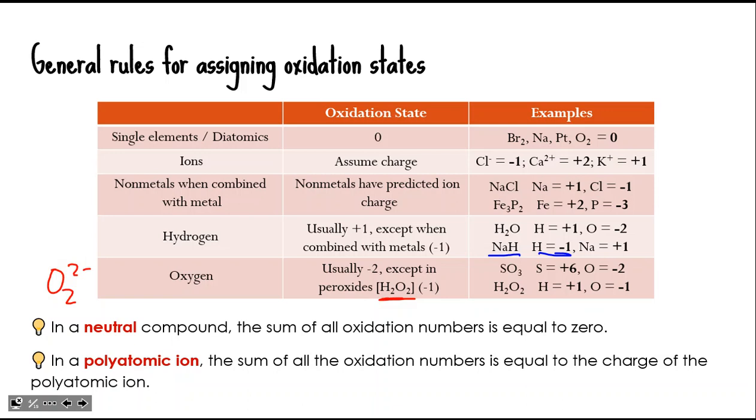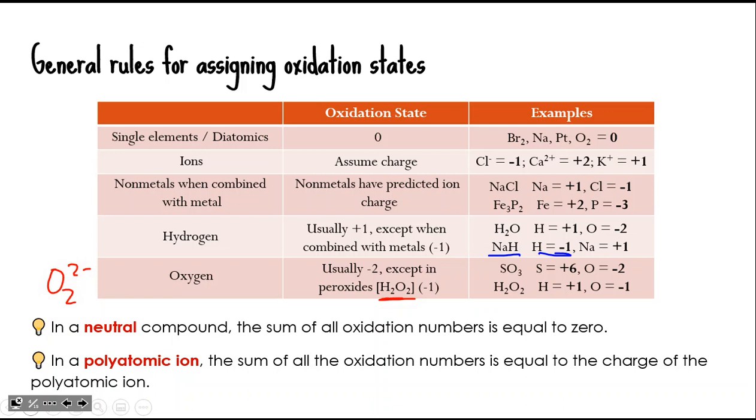That means each oxygen is carrying a -1. That's on your polyatomic ion sheet, the peroxide form of the oxygen there. Like I said, very rare, though. Most likely you're not going to see any cases of that, especially here in honors chem. Occasionally it shows up in AP, but it's a very rare occasion even in AP.